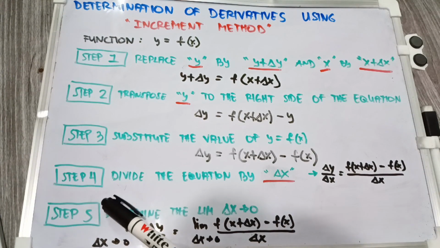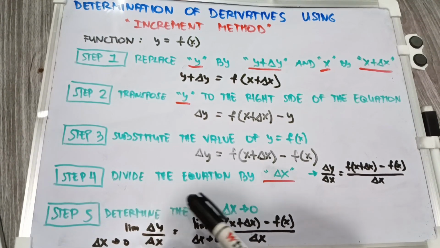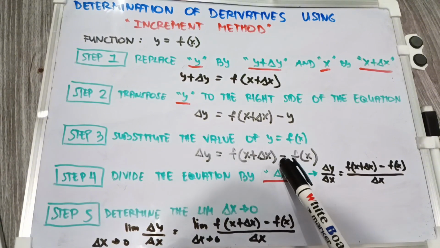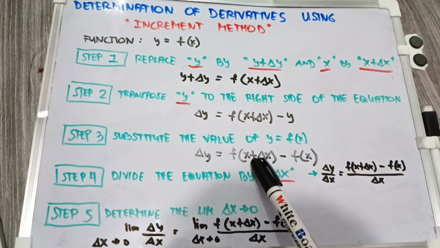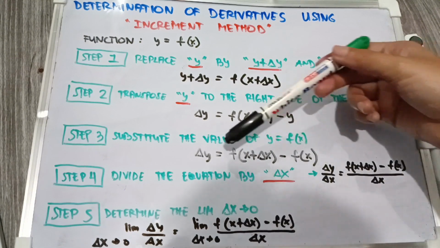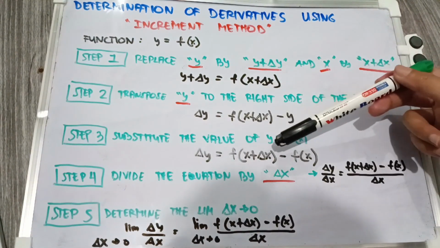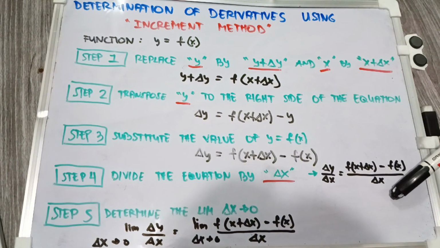So in step 4, divide the equation by delta x. This is our last equation. Let's divide it by delta x. So delta y will be divided by delta x, and this equation will be divided by delta x.